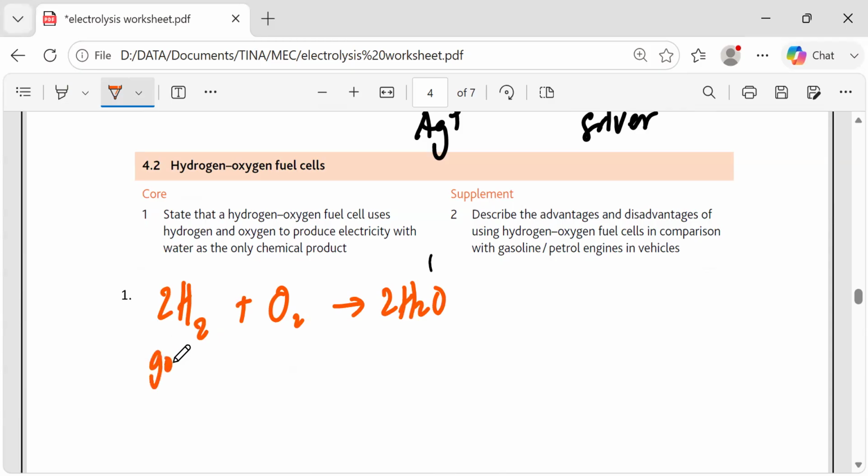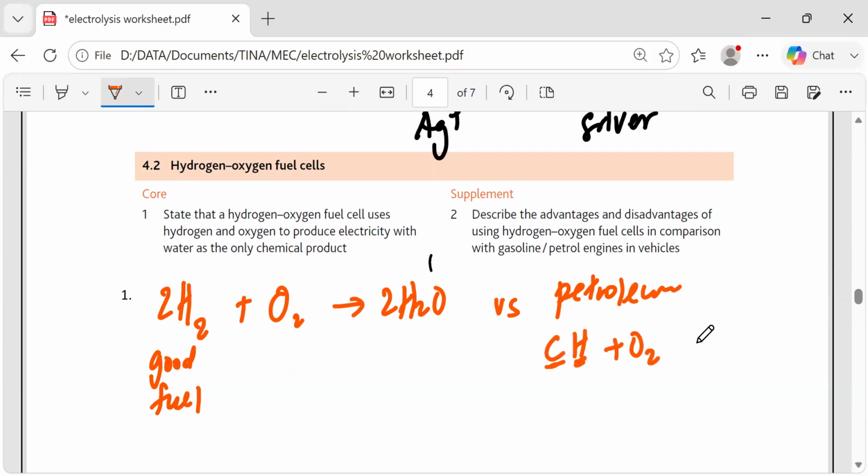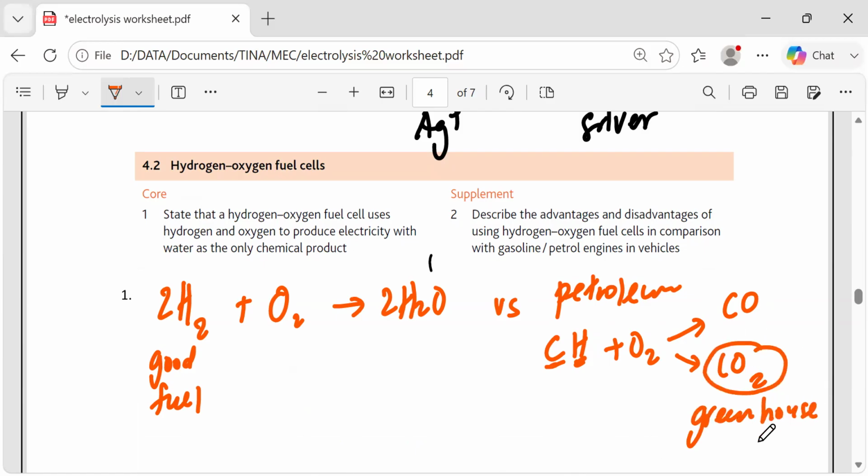Because it's a very good fuel, as compared to petroleum. Petroleum is usually a hydrocarbon, that means it has hydrogen and carbon. And when this burns in oxygen, what do I produce? So many problems. I produce carbon monoxide if it's incomplete, but most of the time I produce carbon dioxide. Carbon dioxide is a greenhouse gas. So good or bad?